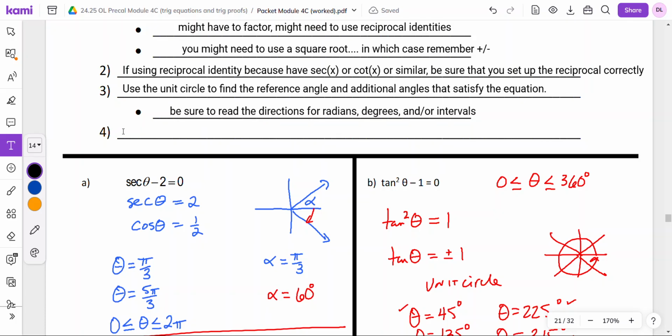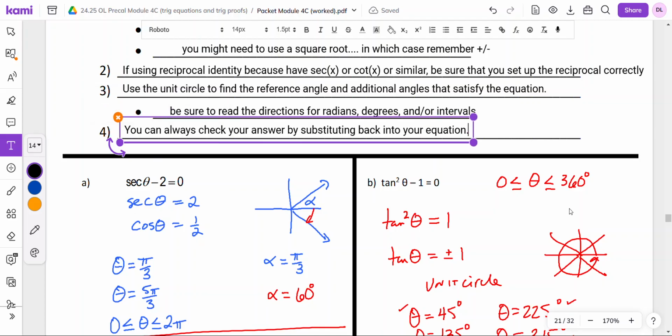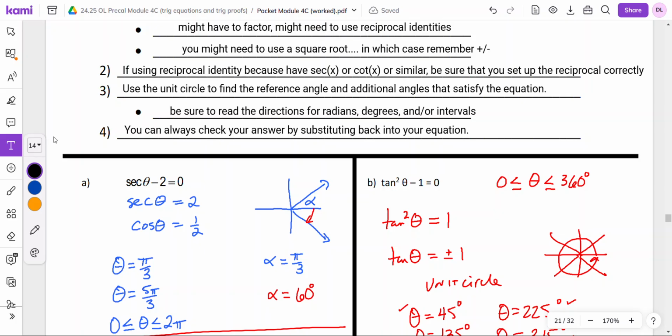Okay, and lastly, good form. You can always check your answer by substituting back into your equation. All right, but all in all, what is it that you have to be able to do?